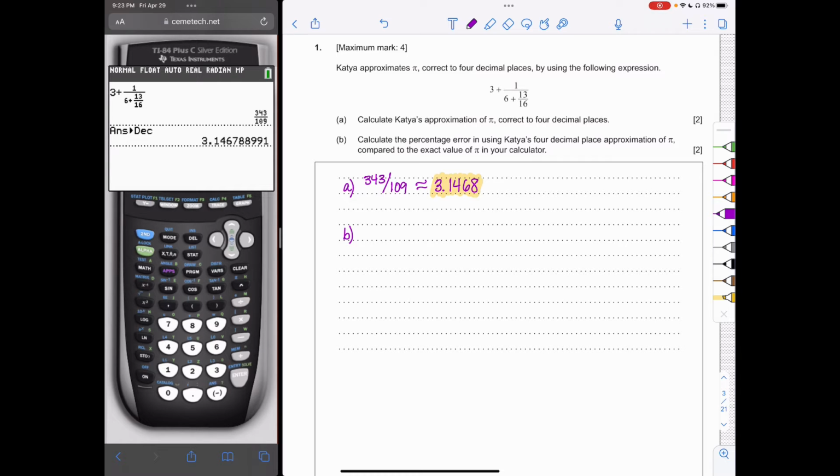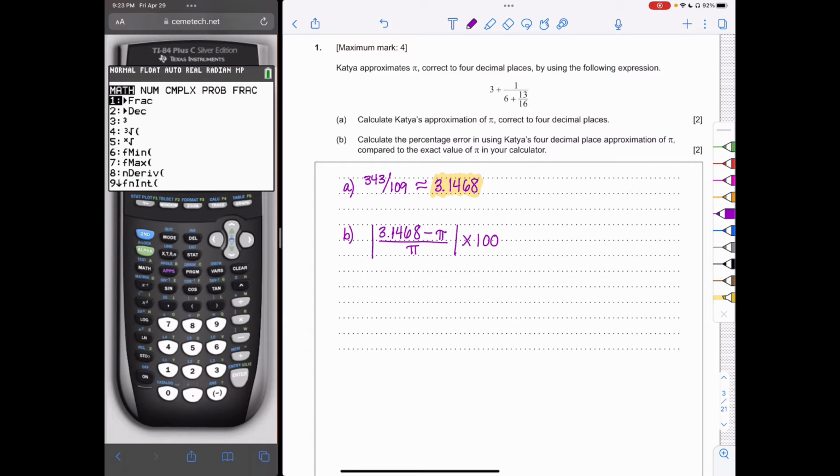So remember that the absolute value formula is you have the absolute value of your approximate or your estimate, subtract your exact form divided by the exact, and you have to multiply by 100. So I'm going to type it in exactly how it looks.